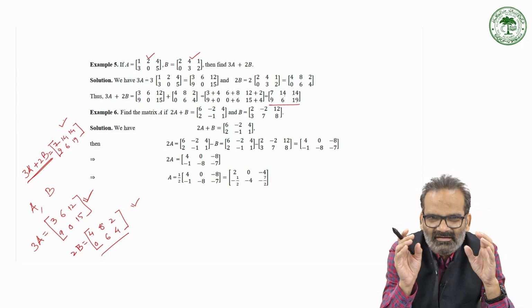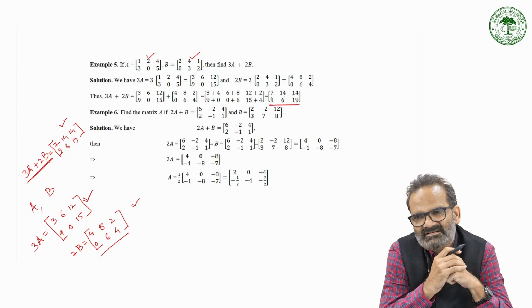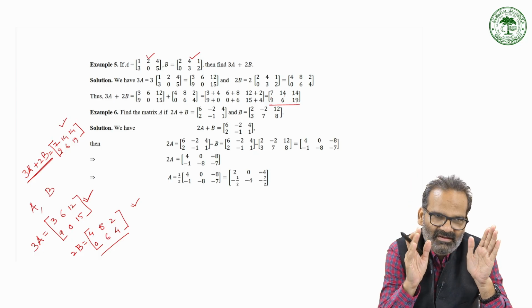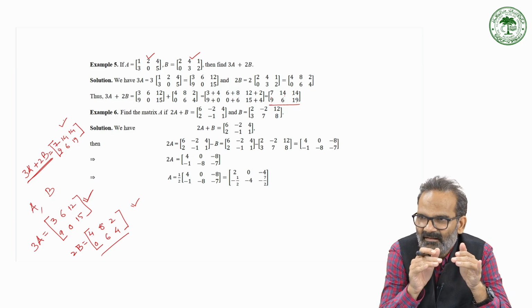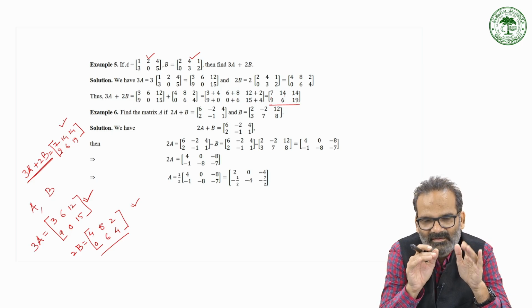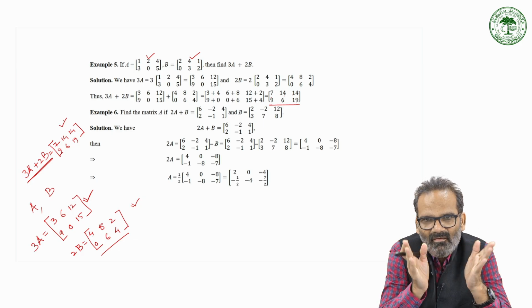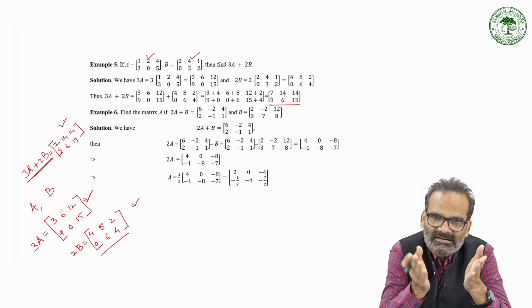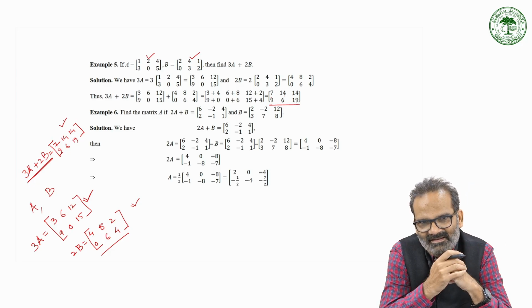So whenever you are using scalar multiplication, it means we are multiplying a matrix by any number, and multiplication of a matrix by any number simply means multiply all the entries of that matrix with the same number, right?